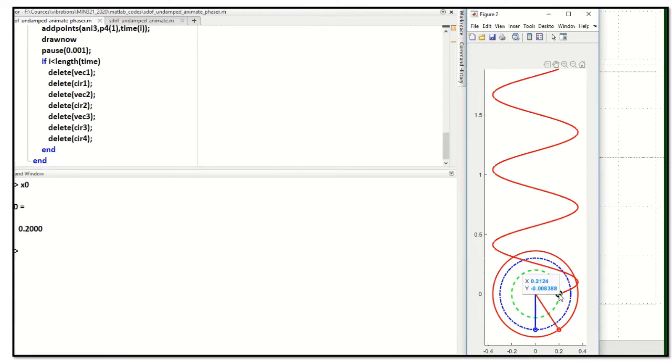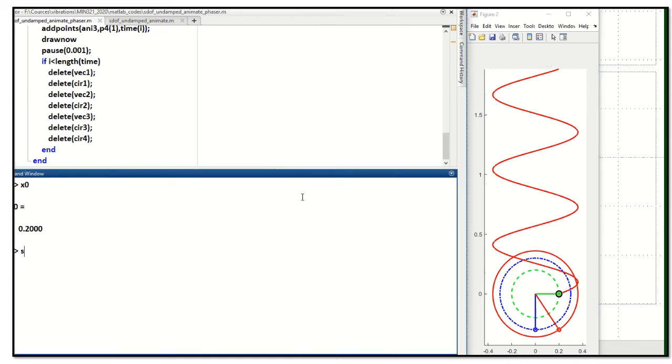It's 0.2, and this blue vector has its length equal to x dot 0 divided by omega n, which is this one, the length of this. The summation of these two vectors will give you this new vector, which is the position vector of this fictitious particle. In that case, what will be the length of this position vector?